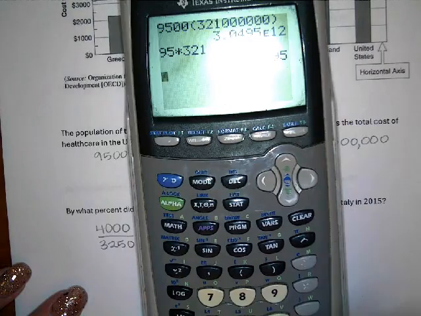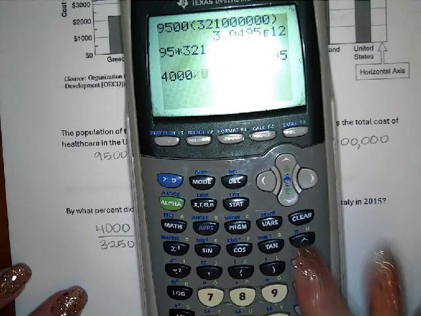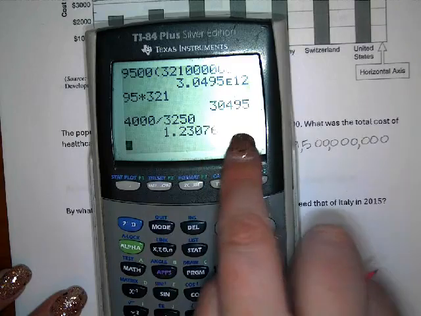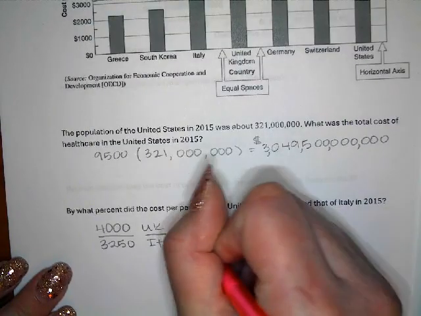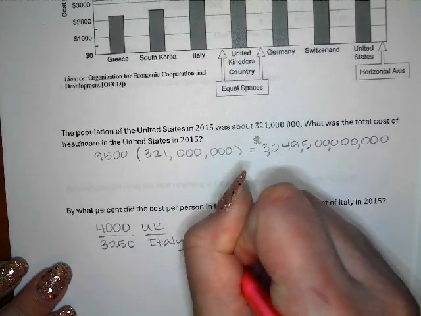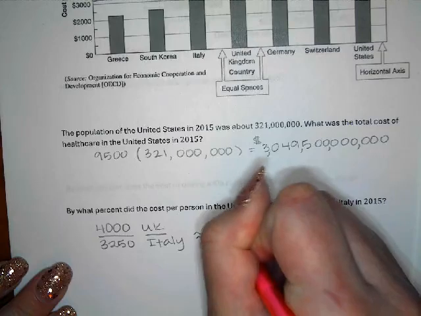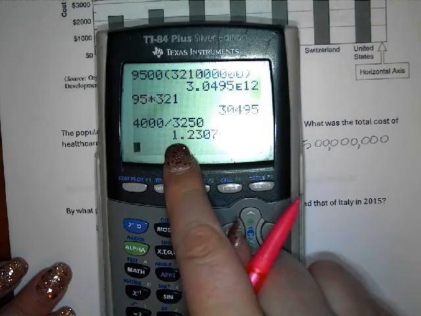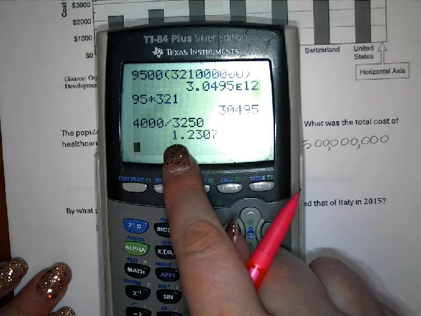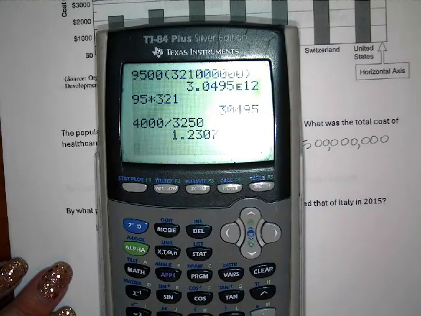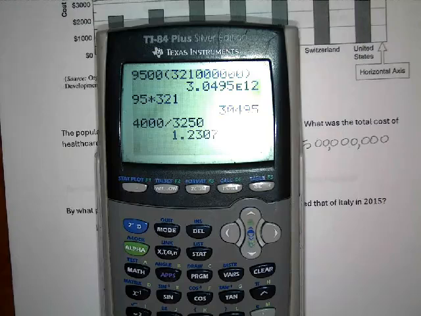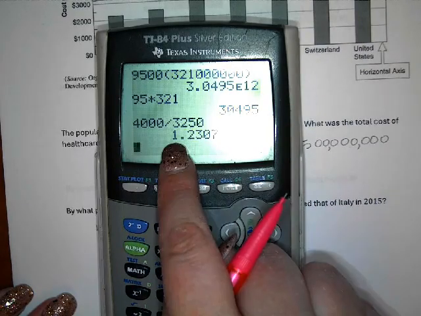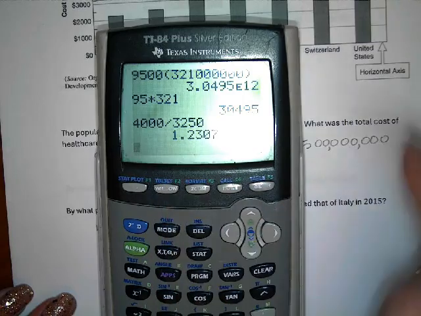United Kingdom divided by Italy is this much, I'm going to write this down, 1.2308. Now this 1 is for 100%. If I want to see how much more they had, 100% means they had the same amount. The rest of this is how much more it cost per person.